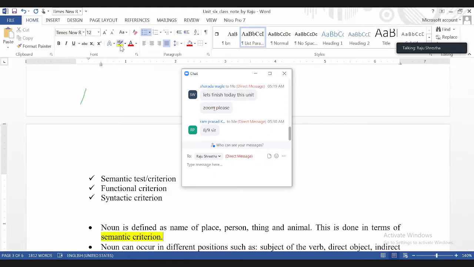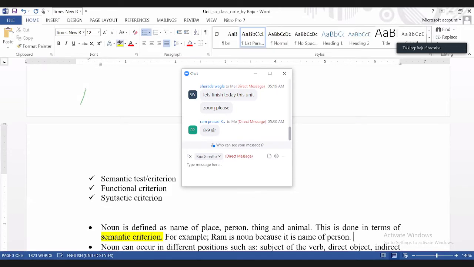For example Ram is what? Ram is noun भन्यो because it is what? Name of person.